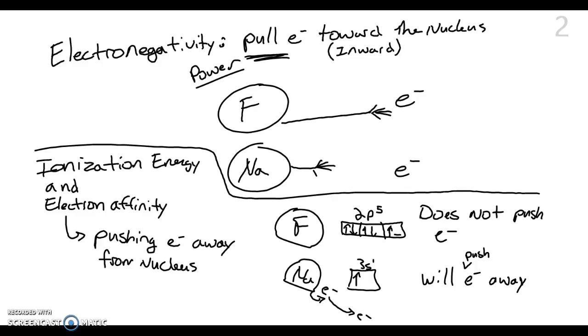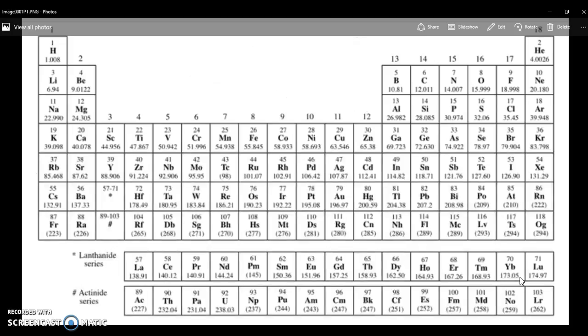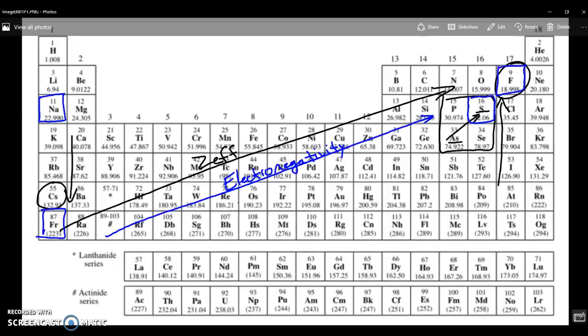And so we have this effect of the energy between the nuclear force and the valence shell electrons. If we push them away, that's really, really good. We pull them in, that's electronegativity. So ionization energy and electron affinity, this is going to go the opposite direction.